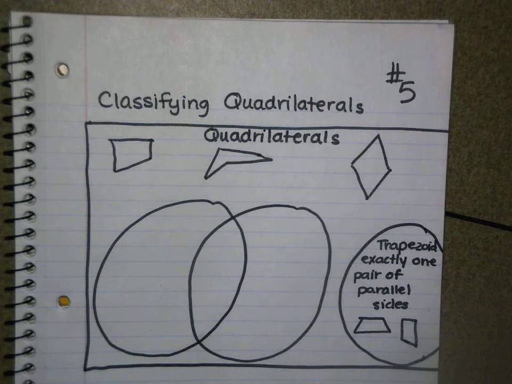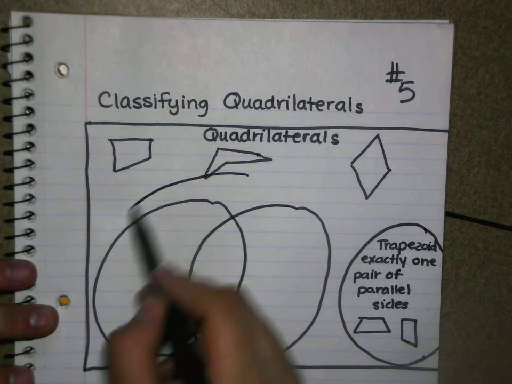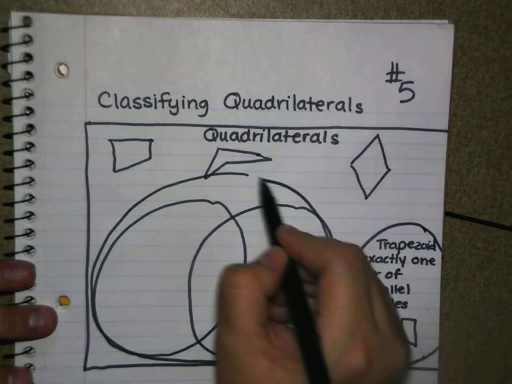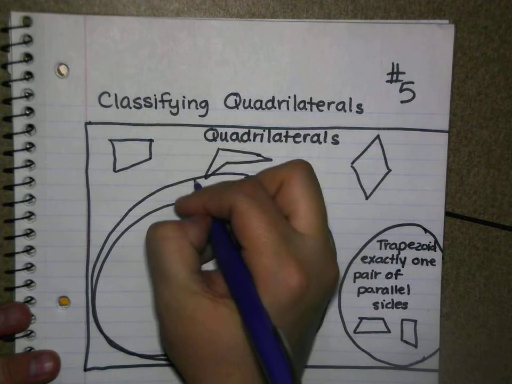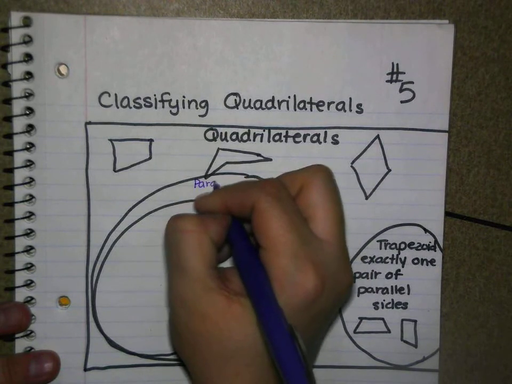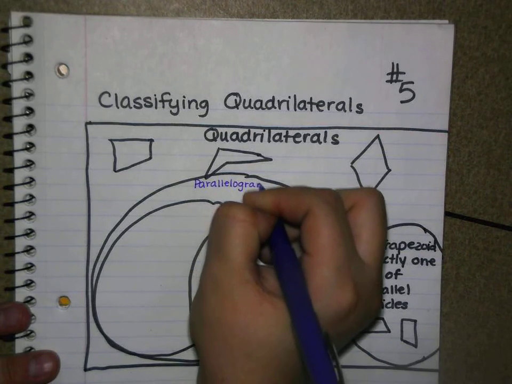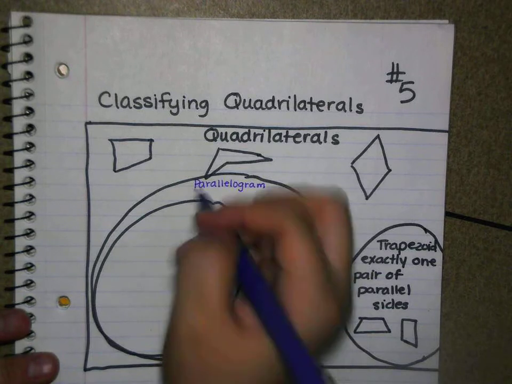Okay, so then we're going to talk about a whole different section, and this Venn diagram should also have a big circle around it, because everything that is inside this Venn diagram is a parallelogram. Okay, so at the very top of this circle we're going to write parallelogram, and a parallelogram has 2 pairs of parallel sides.